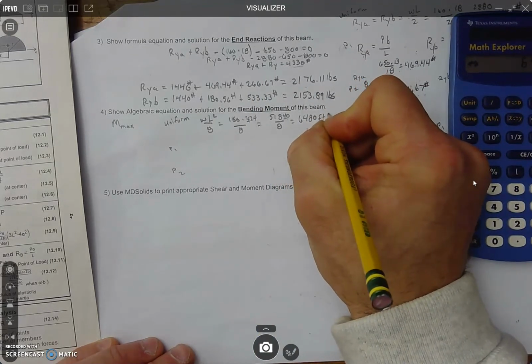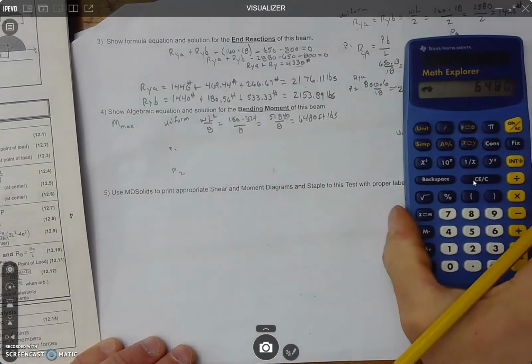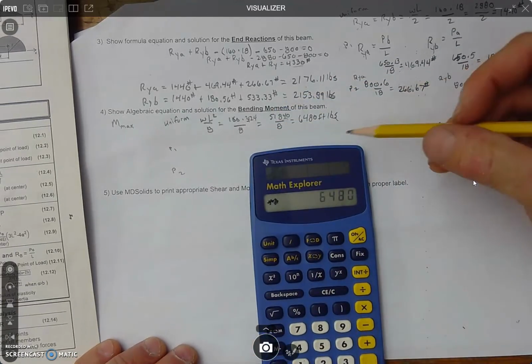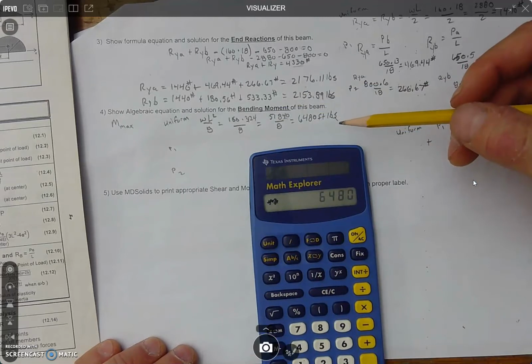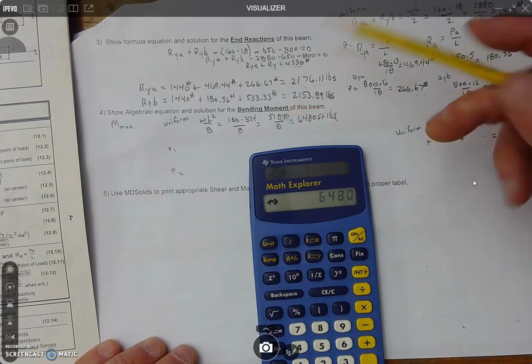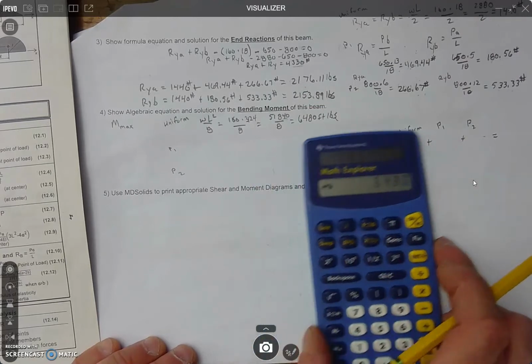And remember, max moment is always in foot-pounds. I don't want to go back and go through why it's foot-pounds, but it is. So that takes care of your uniform load.